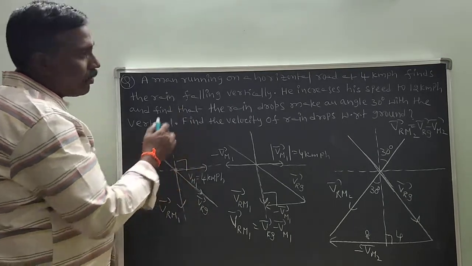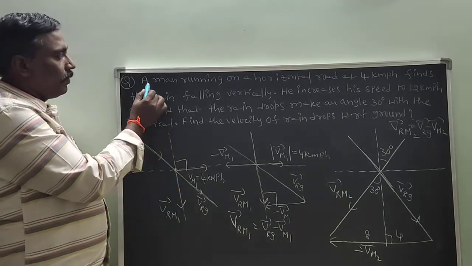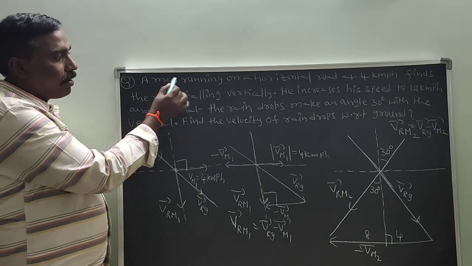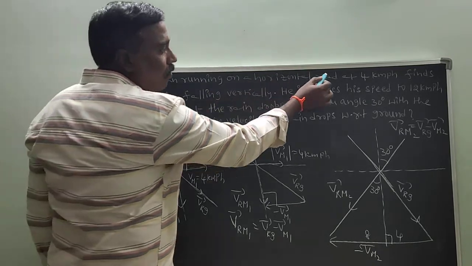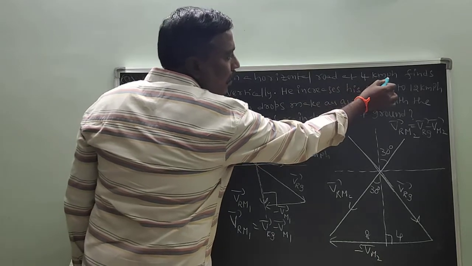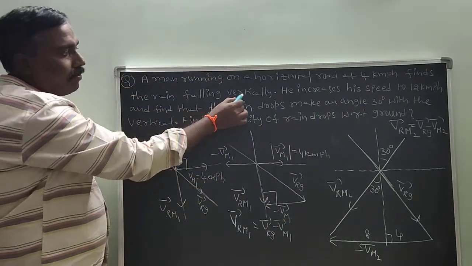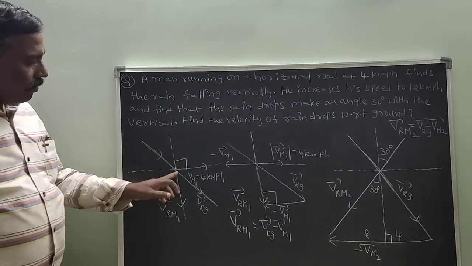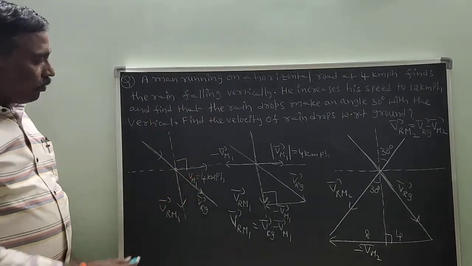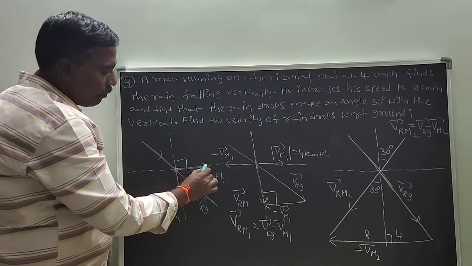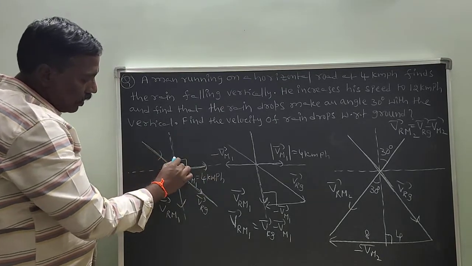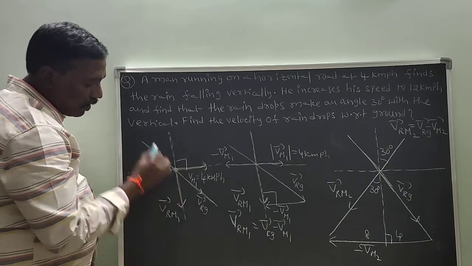Now a small problem on relative velocity. A man running on a horizontal road at 4 kmph finds the rain falling vertically. When a man is moving with a velocity 4 kmph, he finds that rain is falling vertically down.